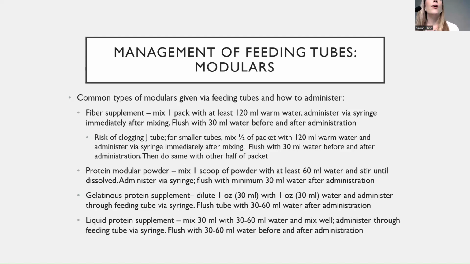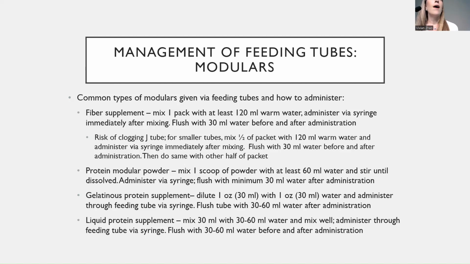For the J tube though, it is recommended to divide this in half. So mix half the packet with 120 milliliters of warm water, and then do the same thing with the other half of the packet, again flushing with 30 milliliters before and after as well. For a protein modular powder, you want to mix with 60 milliliters of water, and then again flush with 30 milliliters before and after.